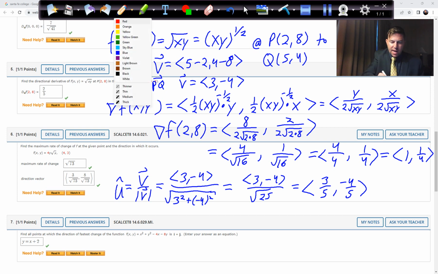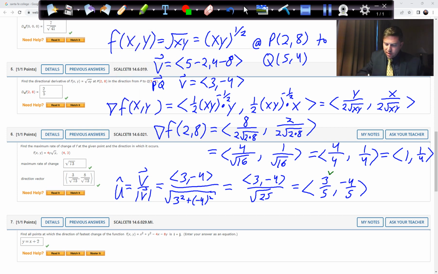And again, we're going to dot that with this other vector we found. So we're going to multiply the first two components, multiply the second two components, and add them. So we're going to get the directional derivative of f at point 2 comma 8 in the direction of the unit vector u is equal to 3/5 times 1, so that's just 3/5, plus negative 4 times 1/4, which will just be negative 1/5.